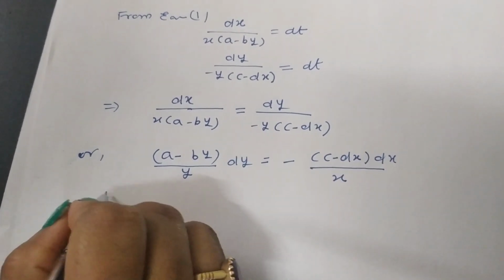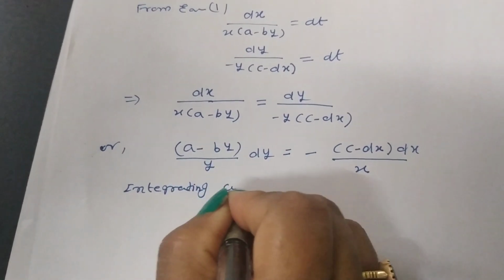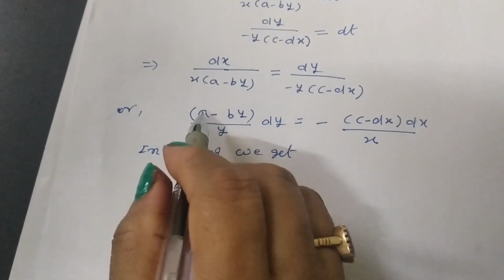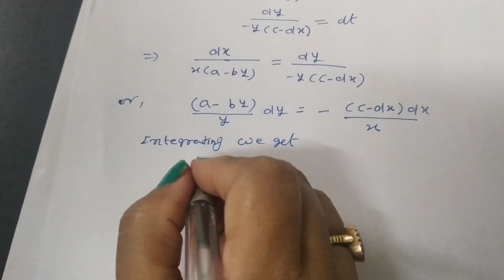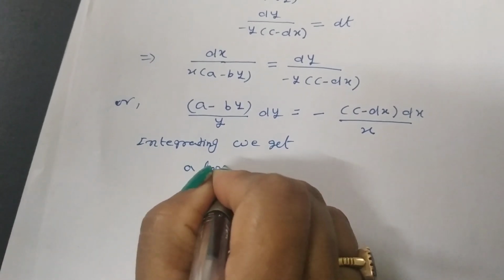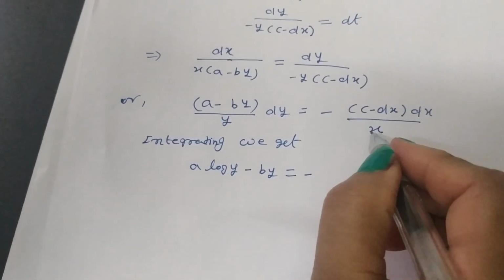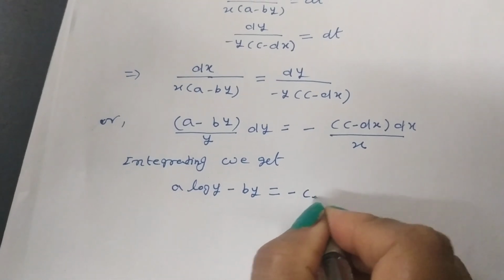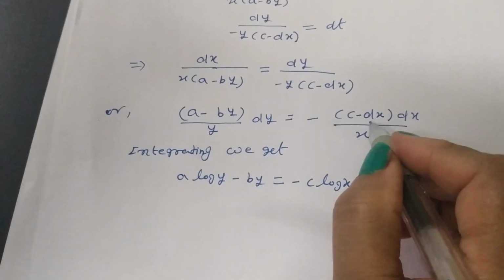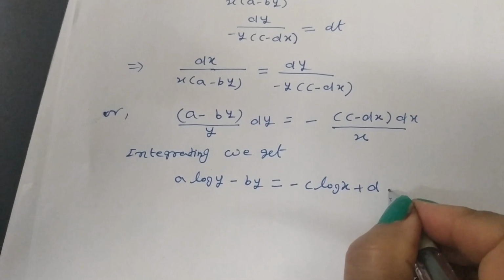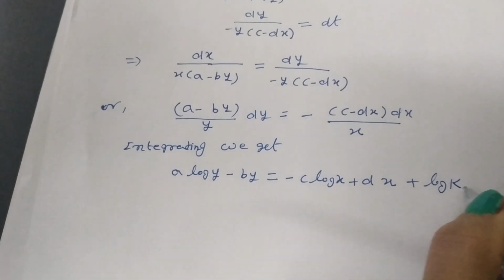Now integrating we get a log y minus by is equal to minus c log x plus dx plus log k, and k is any constant.